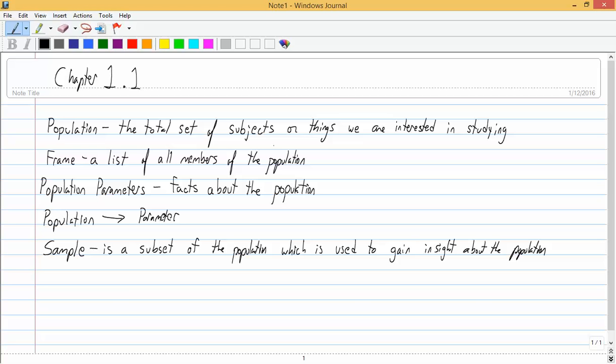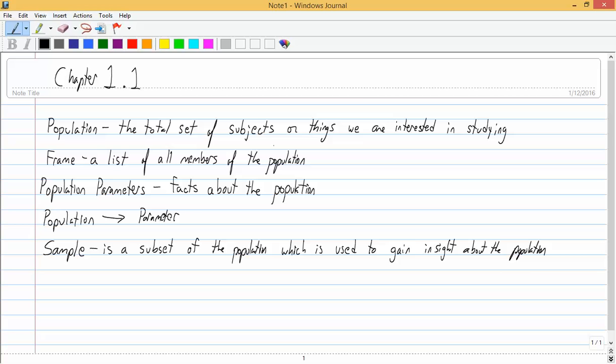If we wanted to take a poll right now on who is going to vote for whichever president is going to run, and I just took, say, white females from Brookhaven, well, say I chose 100 white females from Brookhaven.